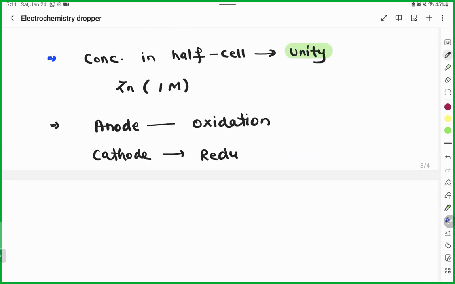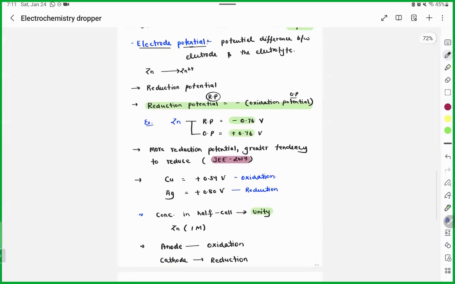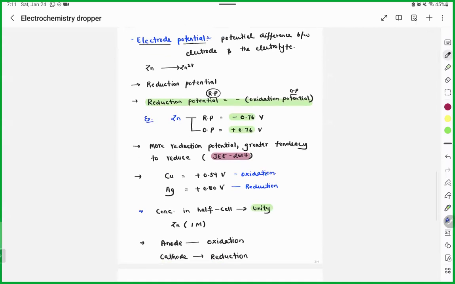Will it be the same in the case of an electrolytic cell? Anode oxidation, cathode reduction, is it the same in an electrolytic cell? No, sir, it will be opposite.